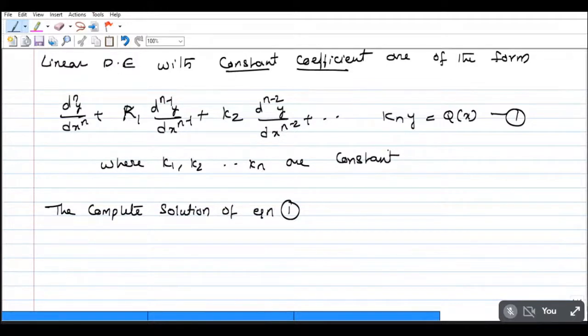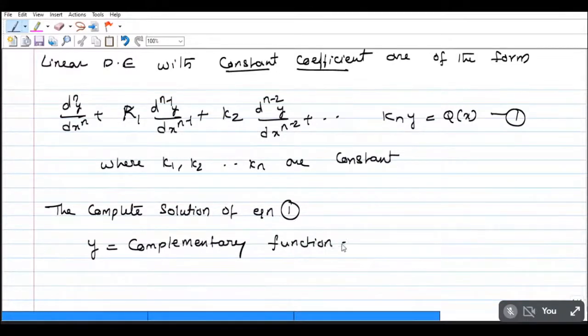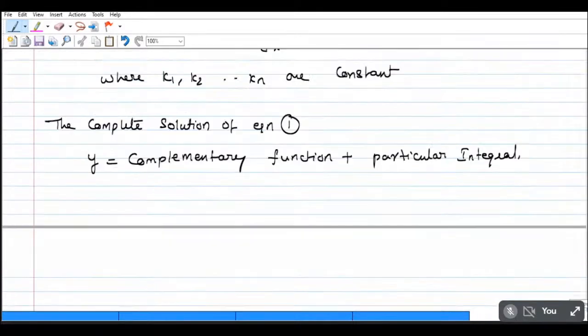The complete solution of equation 1 is y = complementary function plus particular integral. So how to find the complementary function and particular integral, I'll tell you.